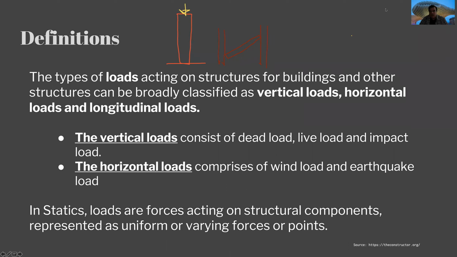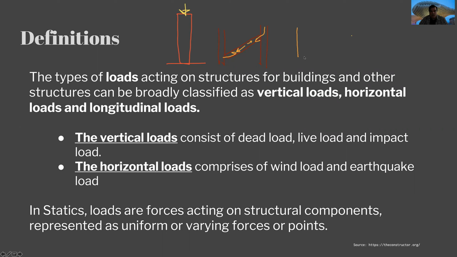We can assume that this column will produce longitudinal loads in this material that could be in tension or in compression. In this case, it's in compression, but it could be in tension if the forces are in this way.